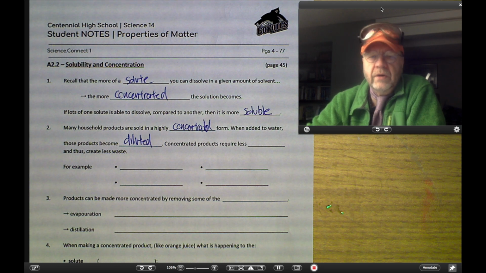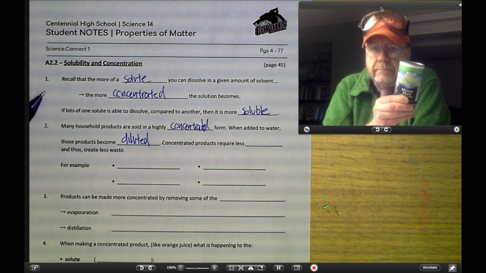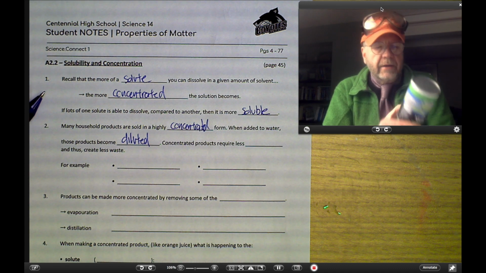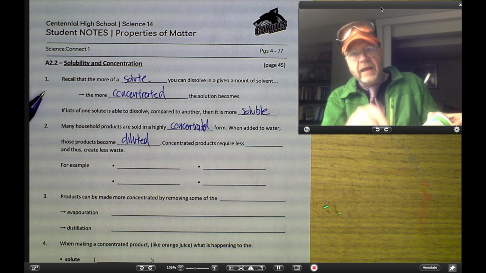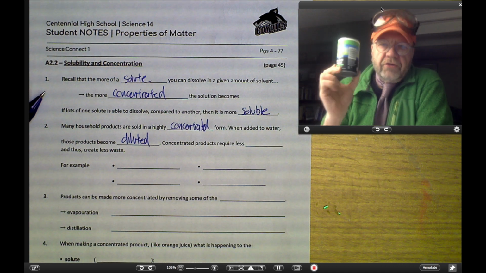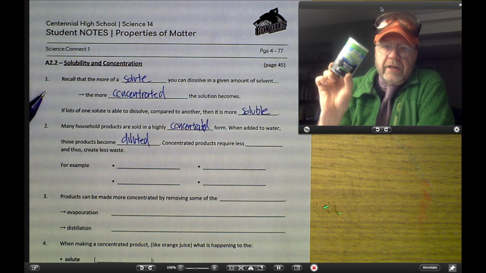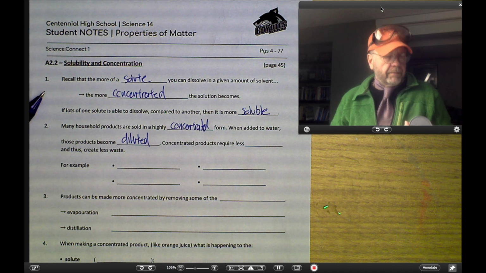And why is this important? Well, think about the little can of limeade that you have. If you read the instructions, you take 1 can of this stuff and 4 cans of cold water to make your juice. You're diluting the concentrated limeade to make something more drinkable.